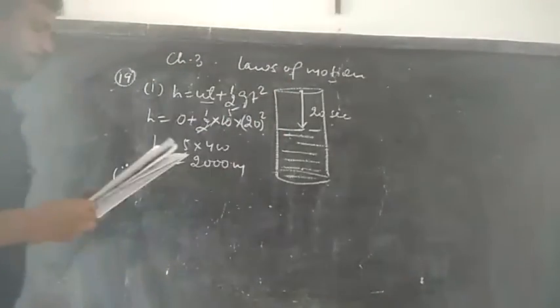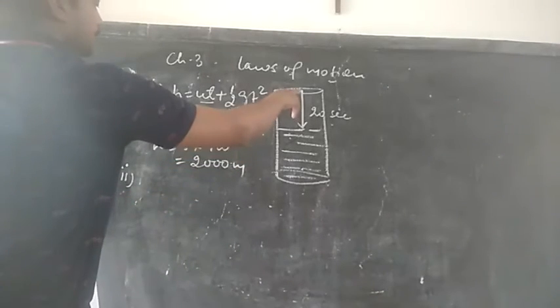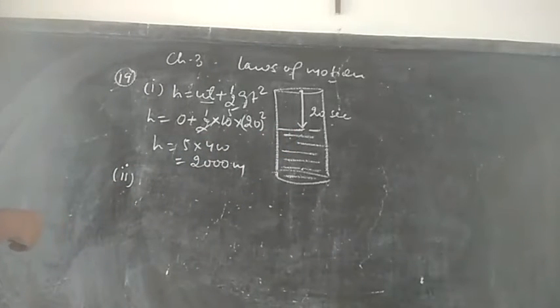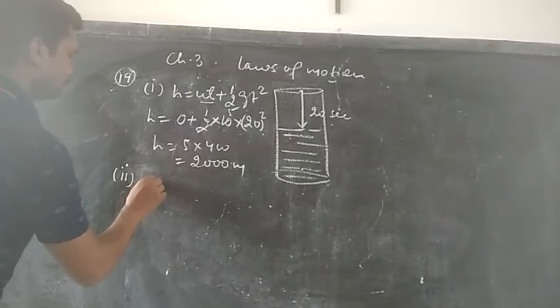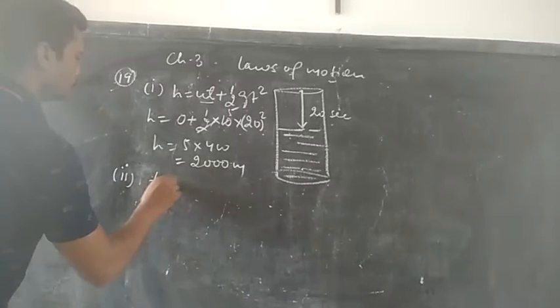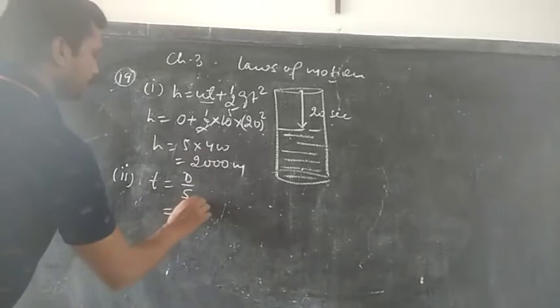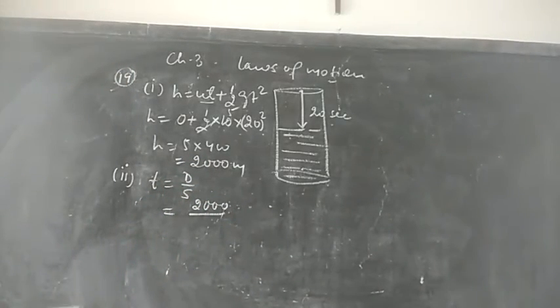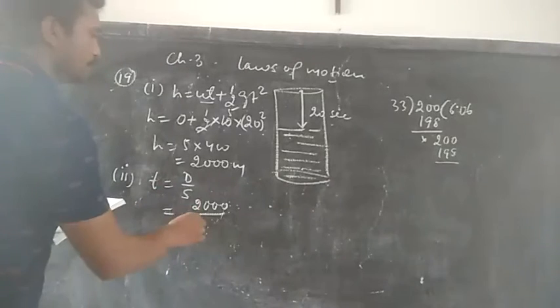For that we use time is equal to distance by speed, because in this case you have to find the time and the distance and speed are given.